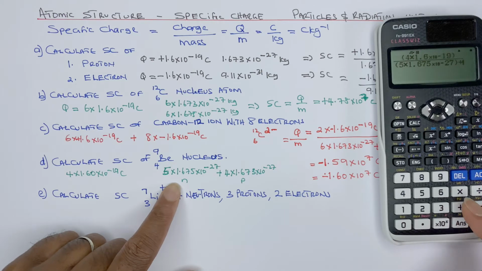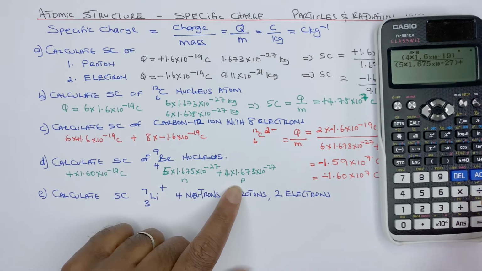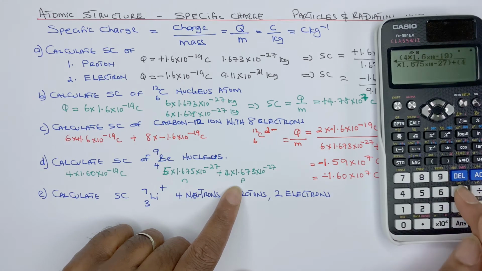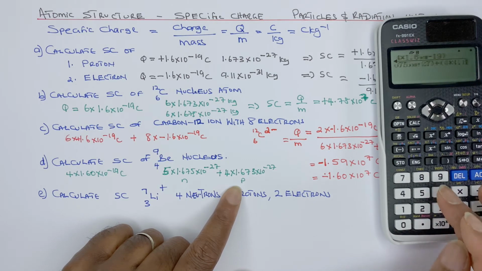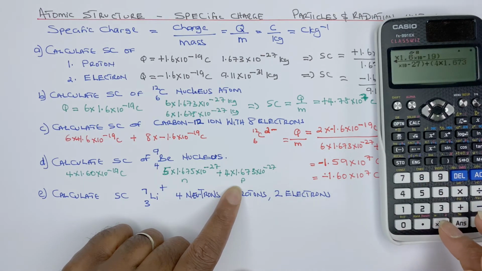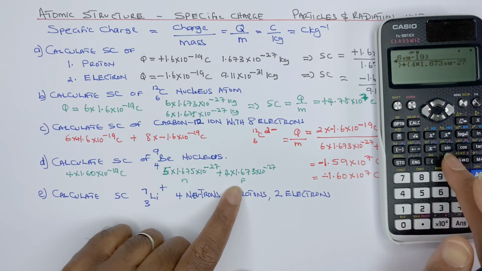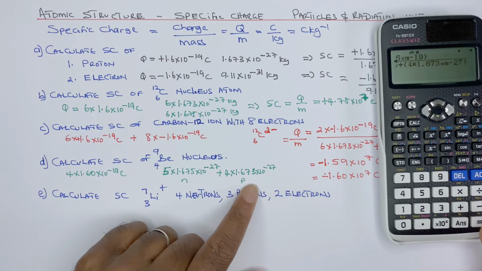I'm going to add that to the protons, which is open bracket for that. And then I do 4 times 1.673 times 10 to the power minus 27, close bracket.